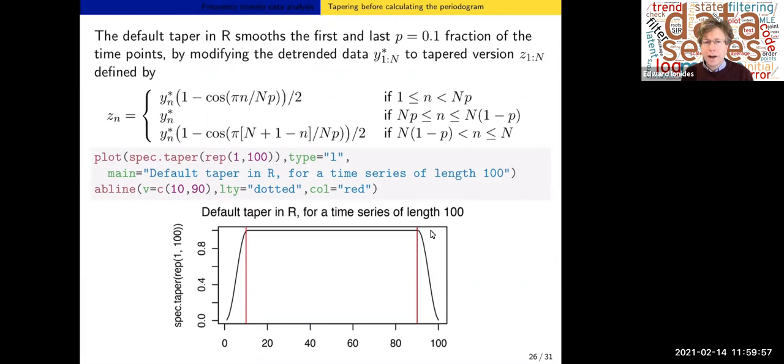And it does this using this kind of cosine taper, which normally we just use without questioning. But here is a plot of what it's doing. In the end, it looks almost like a triangular window tapering the end of the data towards 0. And here it is.